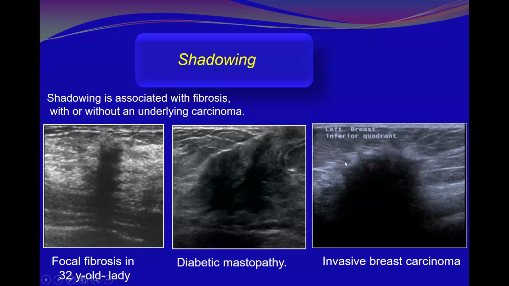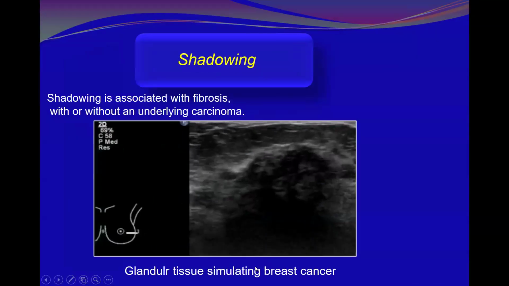Fibrosis associated with underlying carcinoma, but these examples are fibrosis not associated with underlying carcinoma, as in focal fibrosis in a 32-year-old lady. Look how it's simulating cancer. So this is a mimicker, and the other mimic here is diabetic mastopathy.